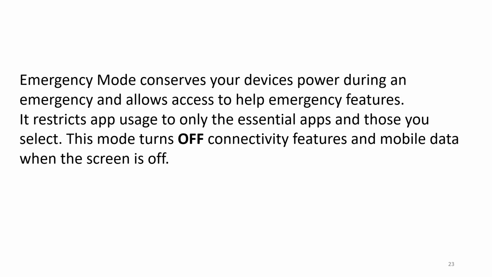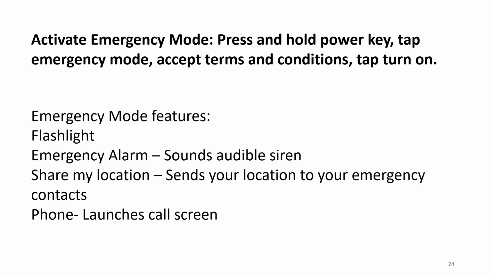Emergency mode conserves your device's power during an emergency and allows access to help emergency features. It restricts app usage to only the essential apps and those you select. This mode turns off connectivity features and mobile data when the screen is off. Activate emergency mode.